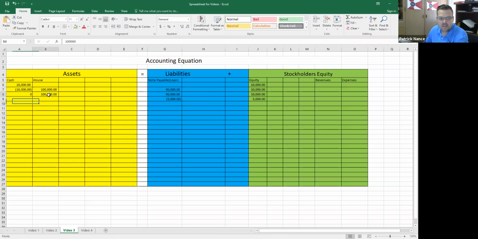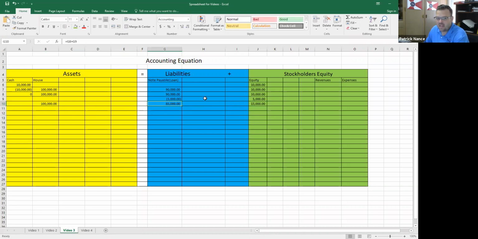The house hasn't changed from 100,000. This goes from 90 to 85. This goes from 10 to 15. As you can see, my assets in total are still 100,000, and my liabilities plus stockholders' equity is still 100,000.